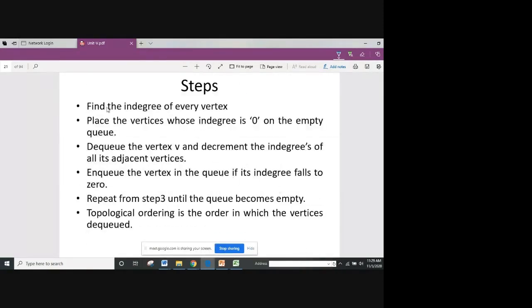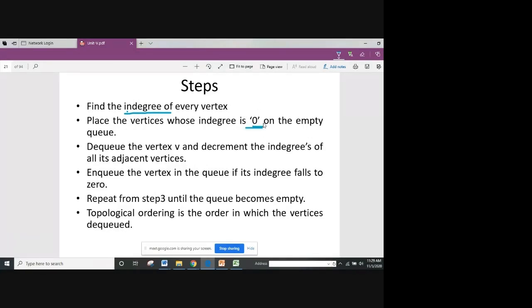Please listen very carefully. Your first step is to find the in-degree of every vertex. Then, once you have found the in-degrees, you have to find whose in-degree is 0. Someone's in-degree will be 0.